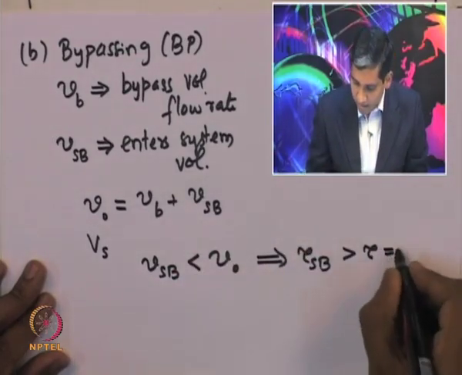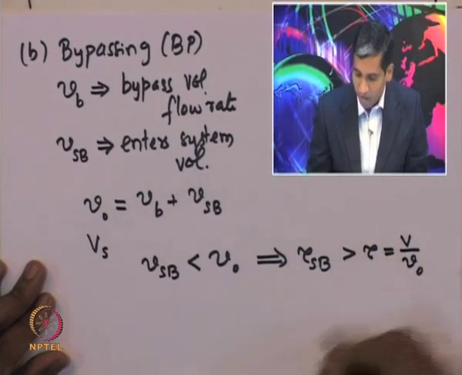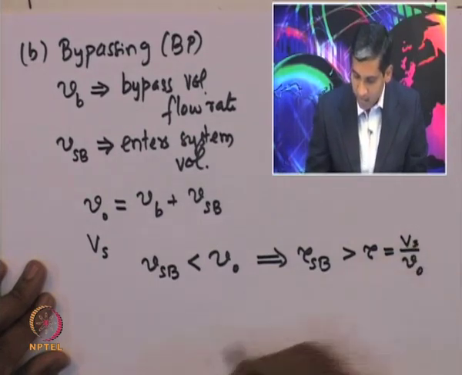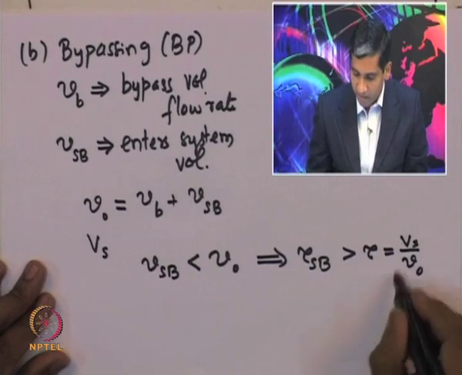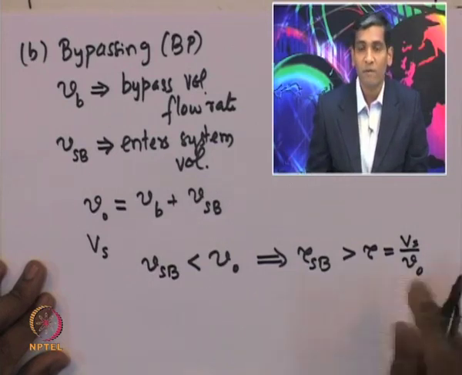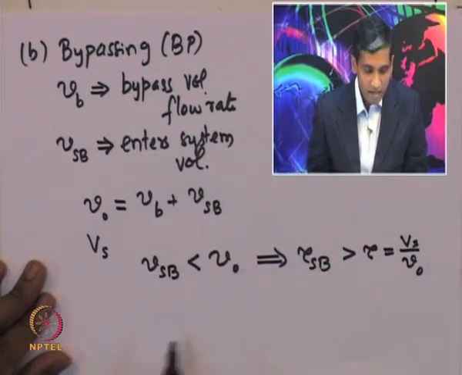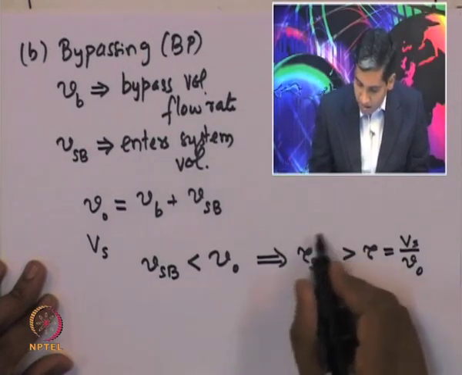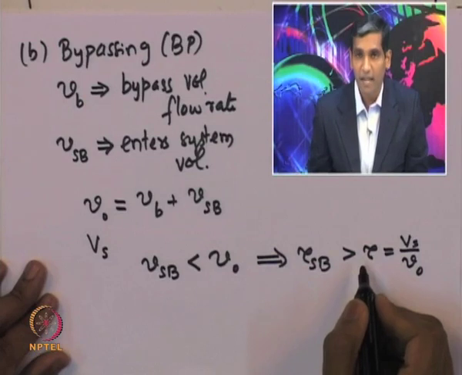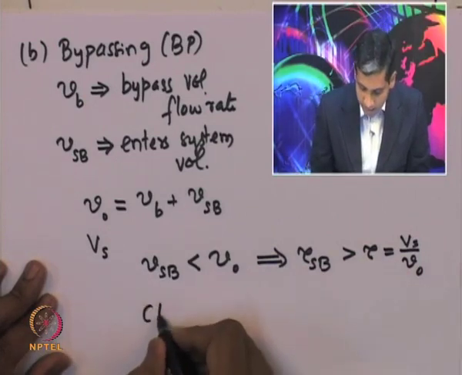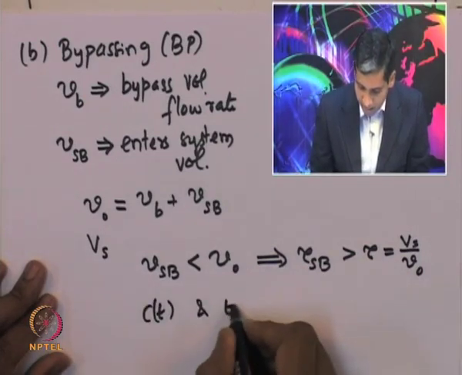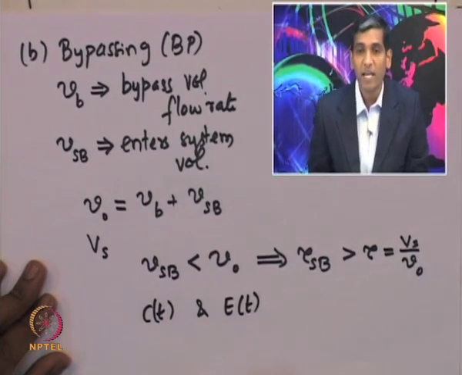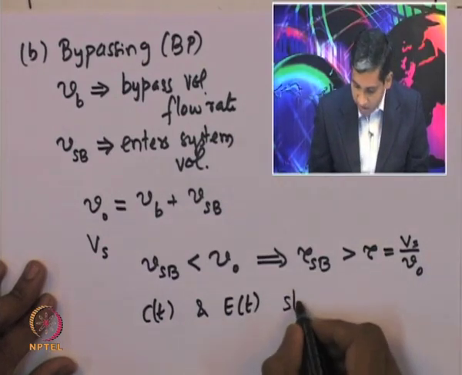Remember that tau is defined as Vs by V naught, where Vs is the volume of the reactor and V naught is the volumetric flow rate with which the fluid flows through the reactor. Therefore, because tau SB is greater than tau, the concentration curve and the E curve are going to decay very slowly.